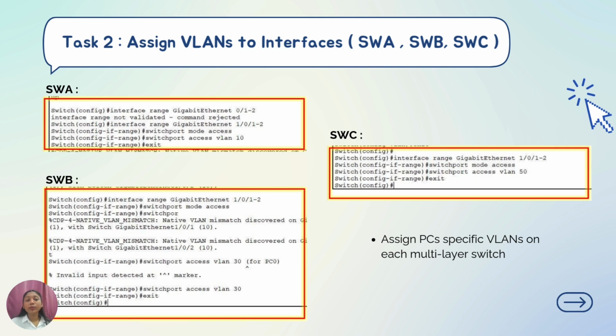SWC configures ports for VLAN 50, which groups devices under the Finance VLAN. These configurations are essential for segmenting the network into logical groups, thereby enhancing security and controlling traffic between departments.